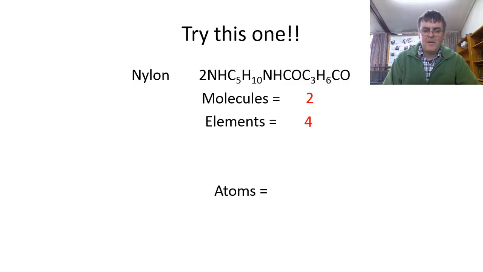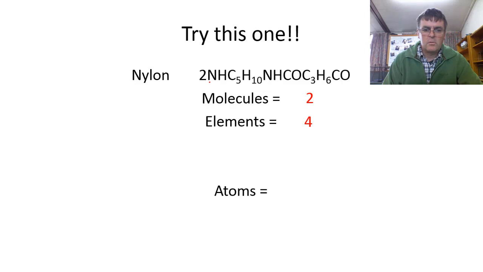Okay, how many atoms are we going to have? Right, we're going to have 2 of that nitrogen, 2 of that, that's got 10, so we've got 2 times the 5 there. Well, let's just figure out how many atoms we're going to have. Let's go back and start again.